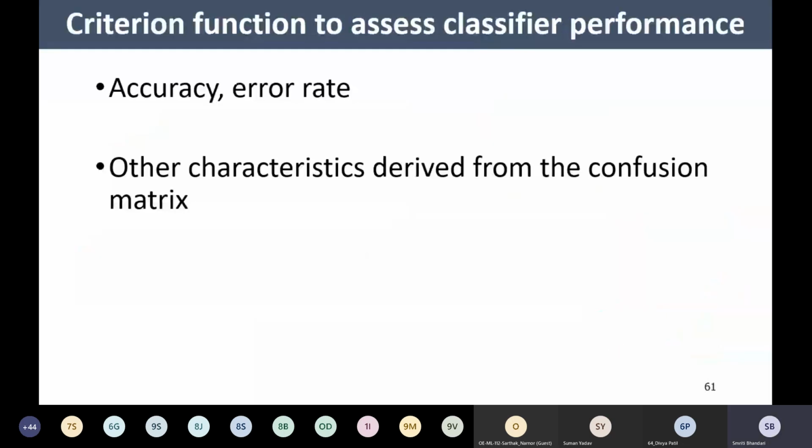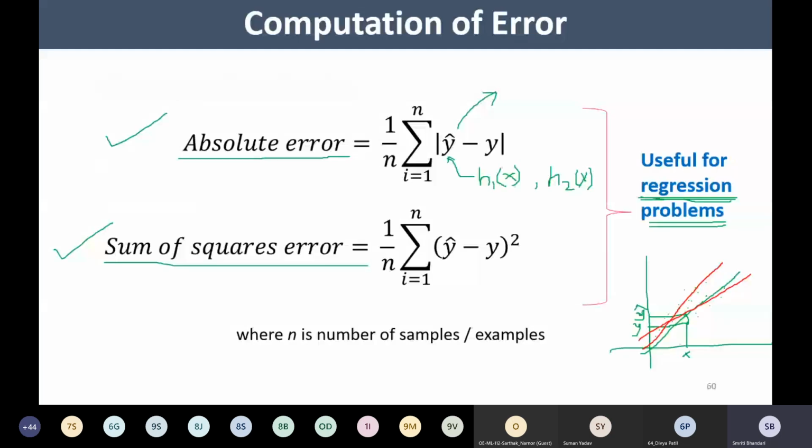Okay. So I'll introduce you to one more concept related to performance evaluation with respect to the classification task. We talked about the regression task, and for regression problems we usually make use of two performance metrics, the absolute error or the sum of squared error.